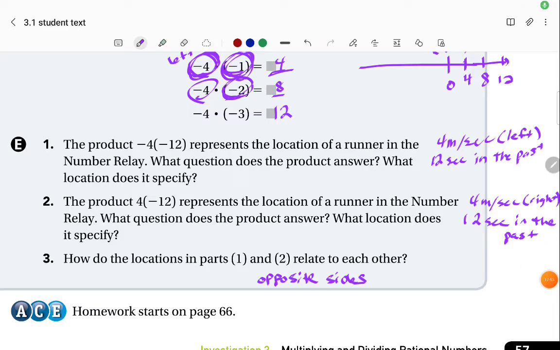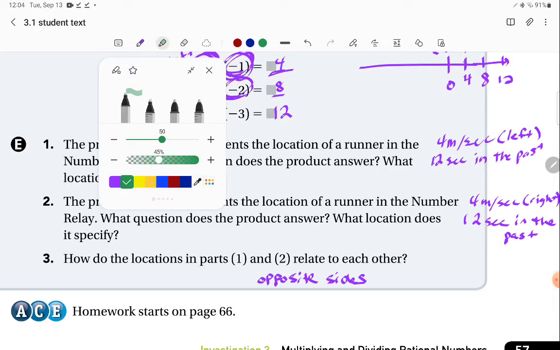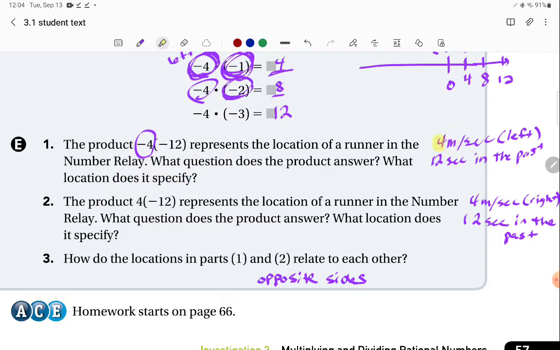Okay, on E1, if you think about what this means, this -4 represents the speed and direction, right? So number 1 is going 4 meters per second to the left, so it's running to the left on the number line.